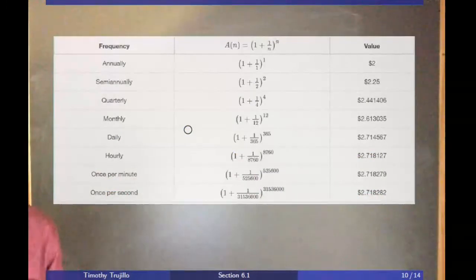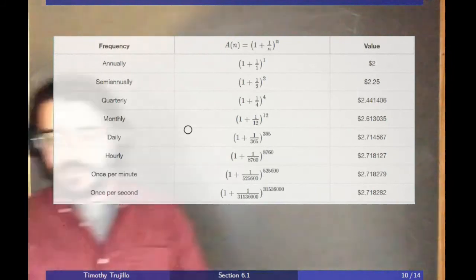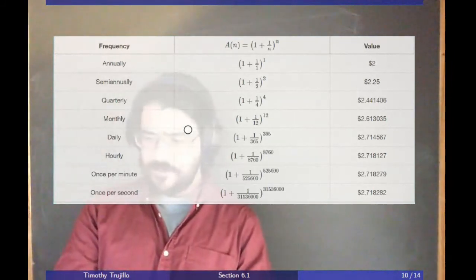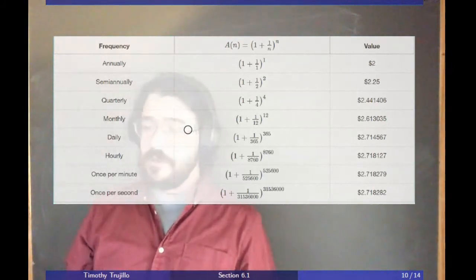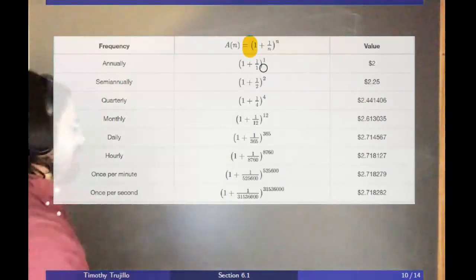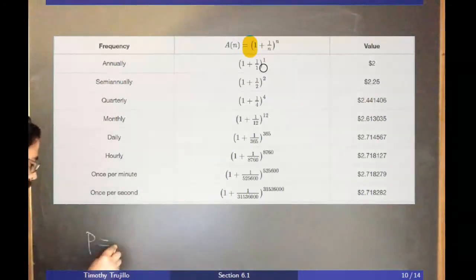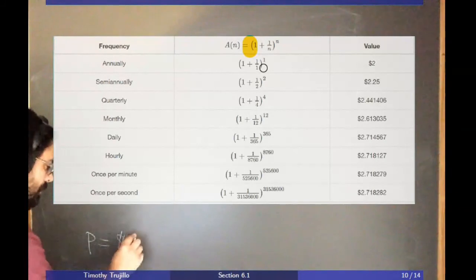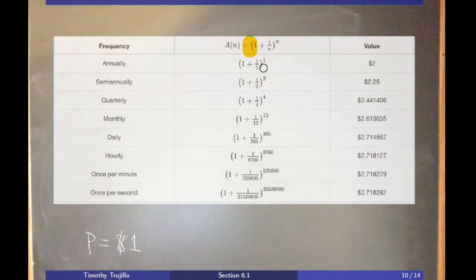So let's look at a quick example of something that will certainly be of interest to us. We've also got a little bit of terminology here as well. So again, we're going to assume that the P is 1, right? So there's no P out here in the front. So we're just borrowing $1 or lending $1, just like we did in our first example.